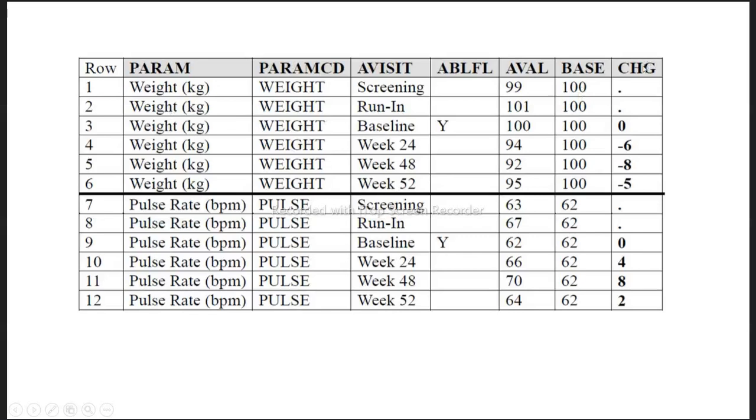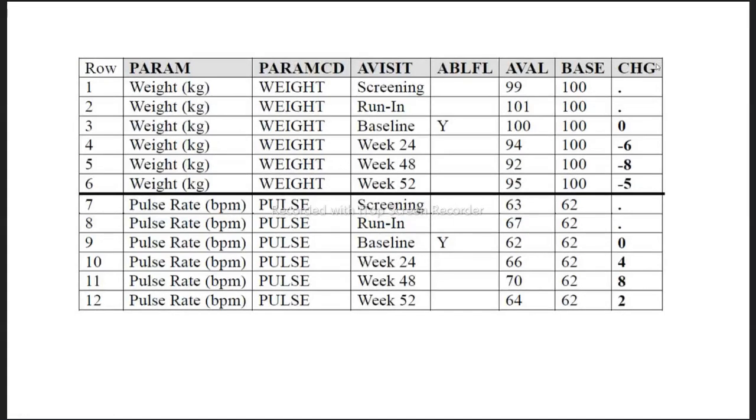Now I'm creating it. Here for weight or pulse rate, I'm using the same formula, that means parameter invariant, and the base value and eval value are both on the same row, and I'm not transforming the base value. Since we are satisfying all three rules, now I'm creating a new variable.